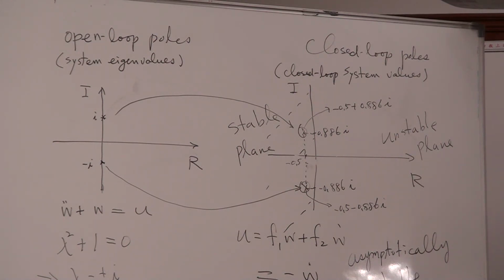If you don't, then you need an observer. If you do have a measurement, this design is equivalent to just direct velocity feedback. Understand? So for this case, if you have velocity measurement, then you don't need an observer. If you don't, then you need an observer.